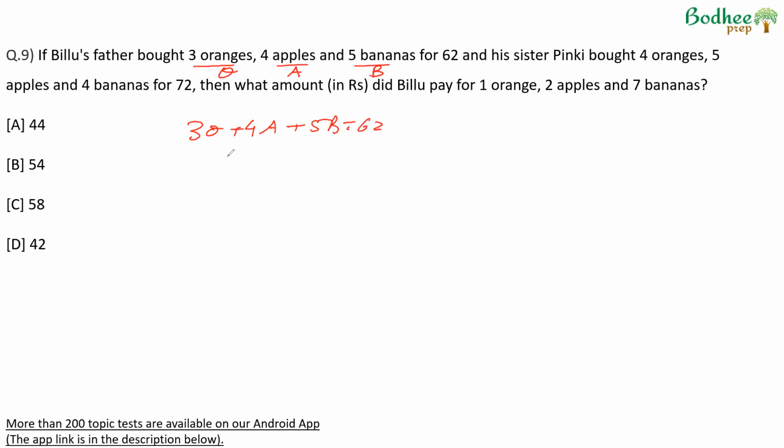And his sister Pinky bought 4 oranges plus 5 apples plus 4 bananas for 72. What is the amount Billu will pay for 1 orange, 2 apples and 7 bananas is to be found.